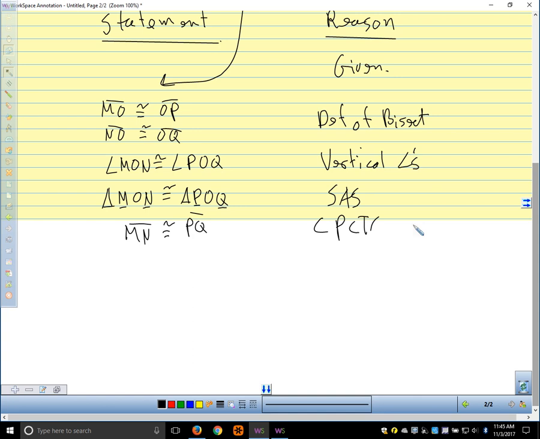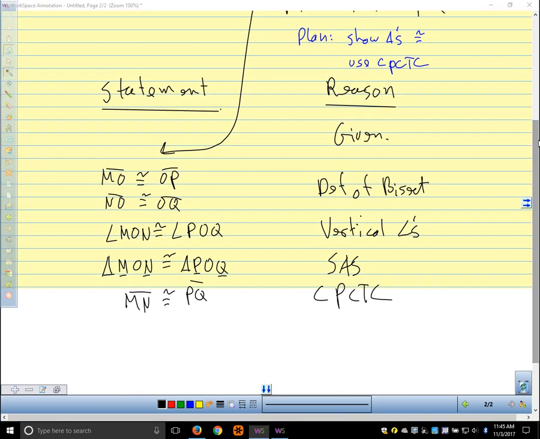Corresponding parts of congruent triangles are congruent. So when we use CPCTC, we show the triangles are congruent, and then use CPCTC to match up the parts that we're interested in. All right, questions there?